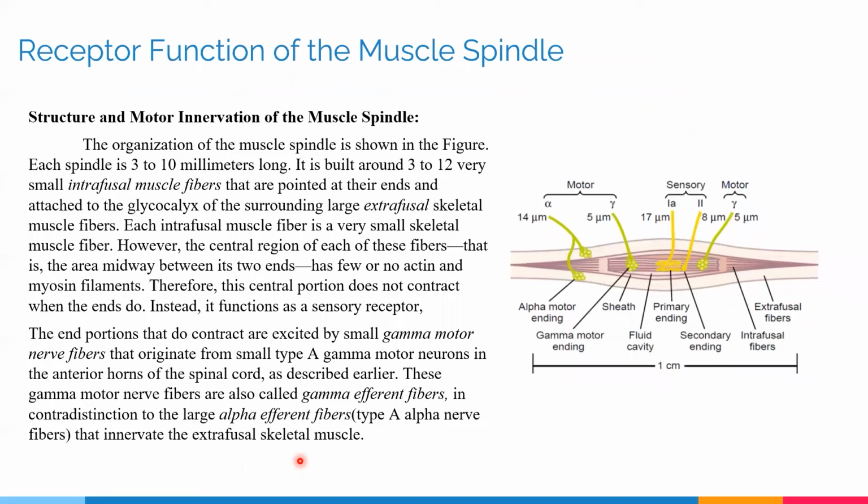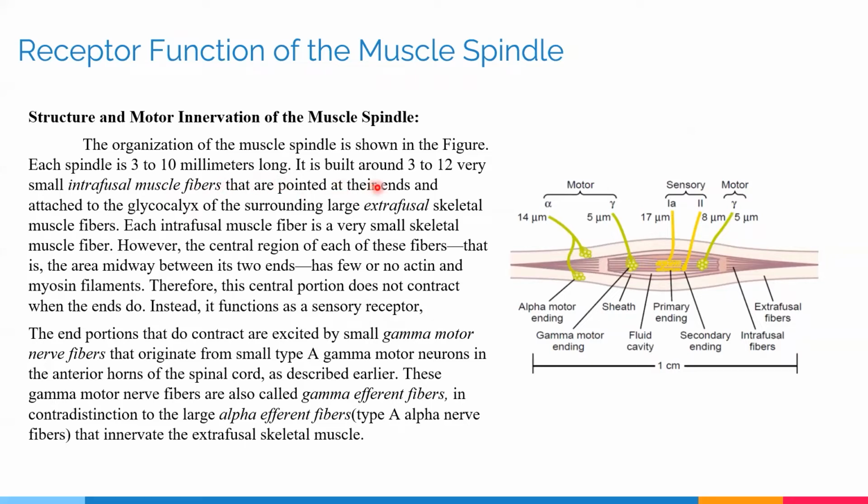Let us look into detail into the receptor function of the muscle spindle. First, we look into the structure and motor innervation of the muscle spindle. The organization of the muscle spindle is shown in the figure that we have already seen before. Each spindle is 3 to 10 millimeters long.